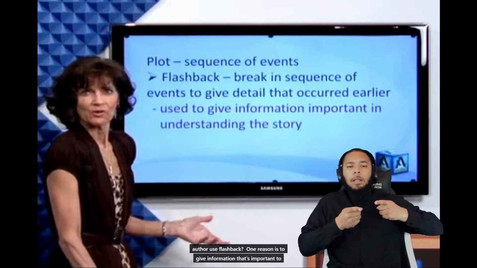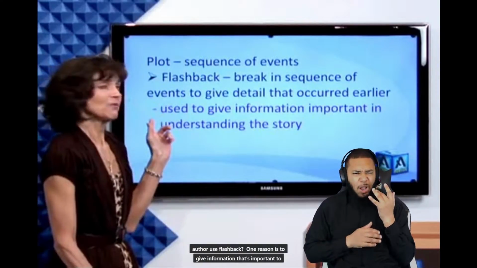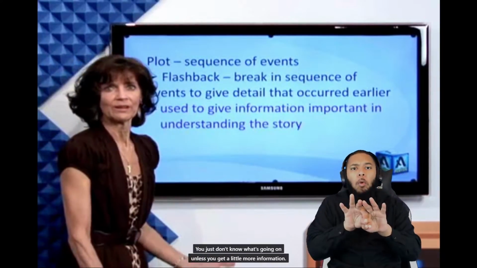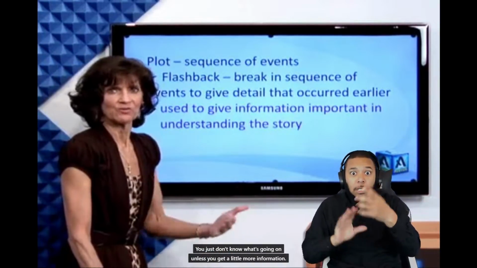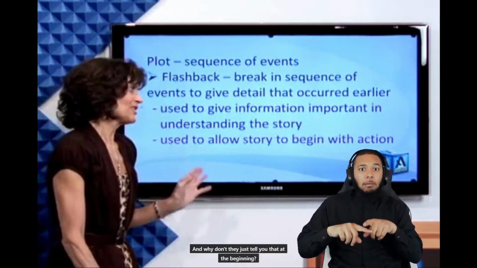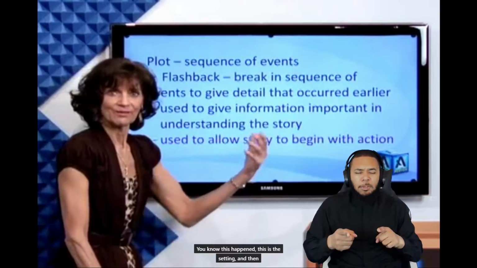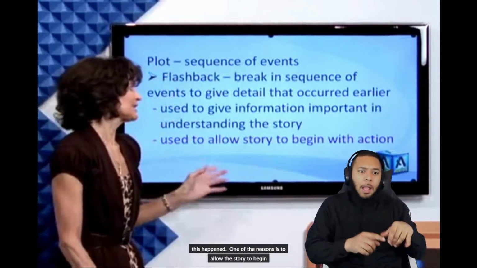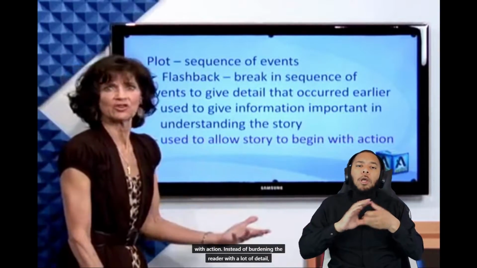Why does an author use flashback? One reason is to give information that's important to understanding the story. You just don't know what's going on unless you get a little more information. And why don't they just tell you that at the beginning? You know, this happened, this is the setting, and then this happened. One of the reasons is to allow the story to begin with action.